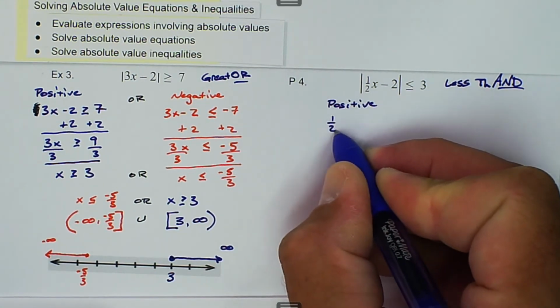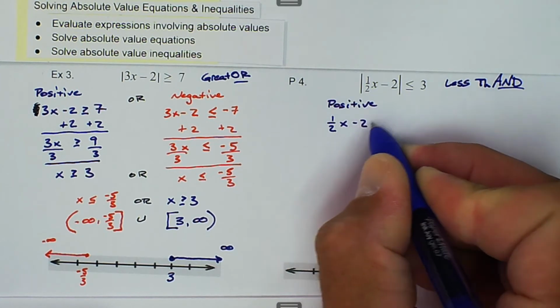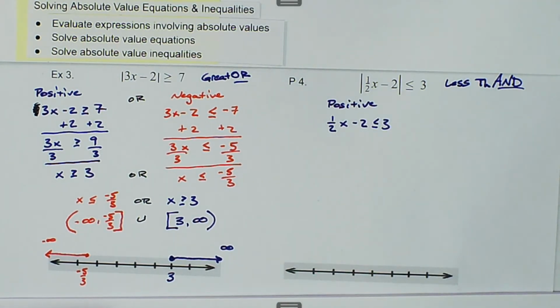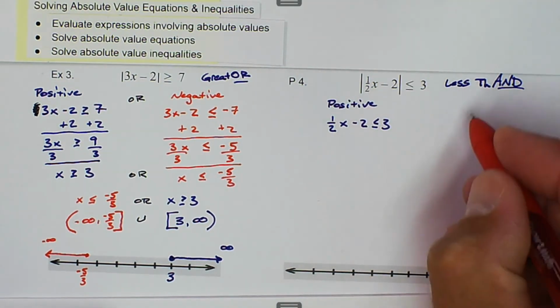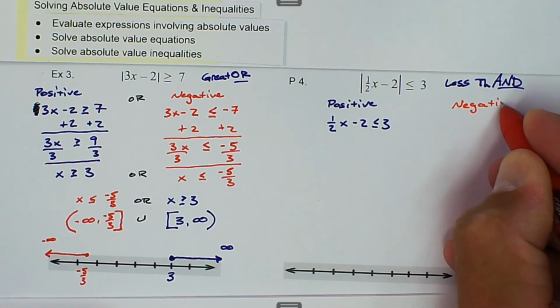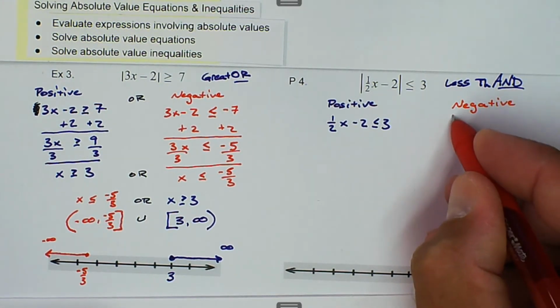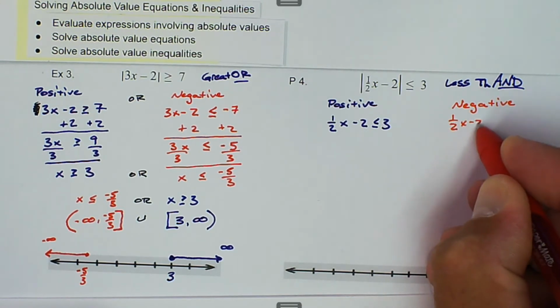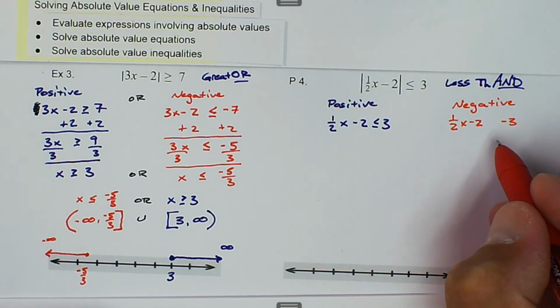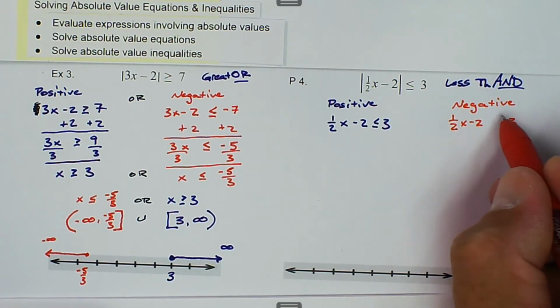So we get 1/2 x minus 2 is less than or equal to 3. And then we have to also check for when the expression between the absolute value could possibly be negative. And in that case, 1/2 x minus 2, now we're changing this to negative 3. And whenever we change that to negative 3, that's like multiplying by negative 1.